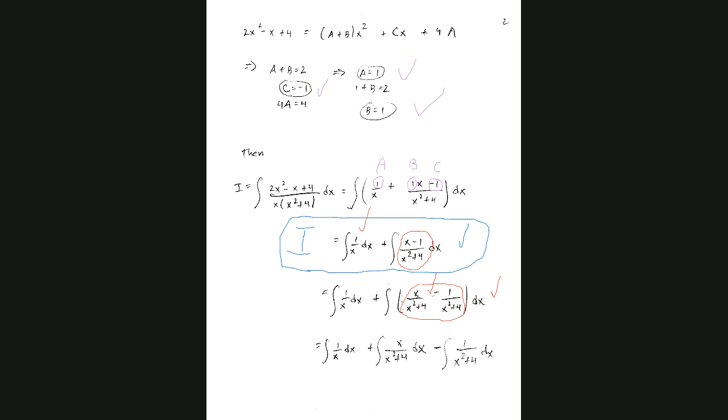The first integral, of course, we know we can get the antiderivative. We know the antiderivative is the log of the absolute value of x for the first integral. How would we integrate the second integral? How would we integrate that?